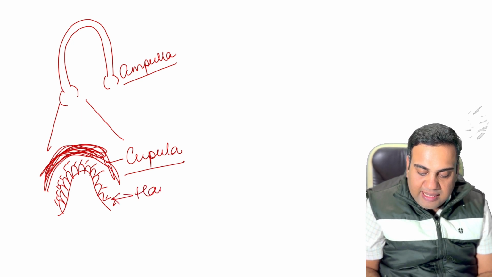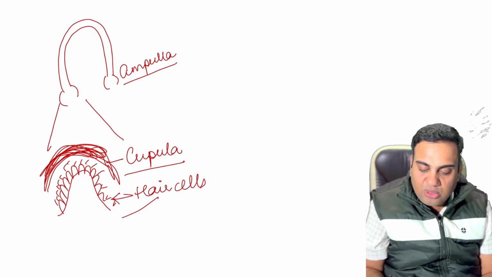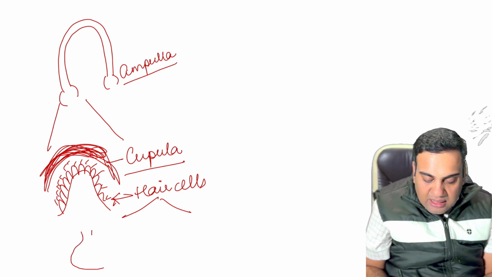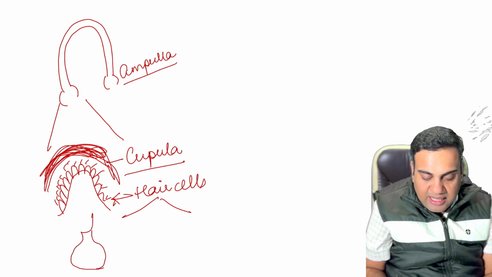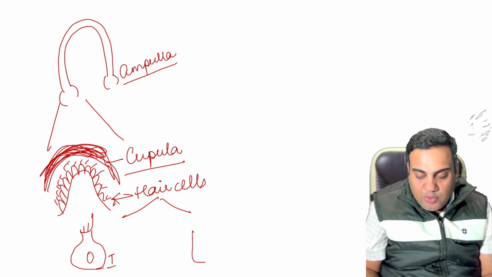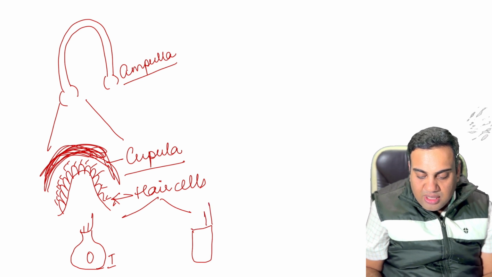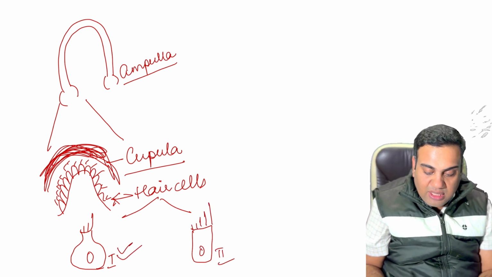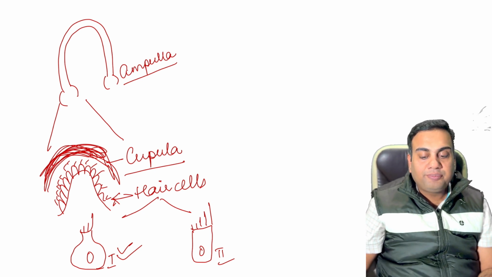Now these hair cells are of two types. Type 1 hair cells are the flask shaped hair cells. Type 2 hair cells are more cylindrical type of hair cells. Which are more common? Of course, type 1 are more common.